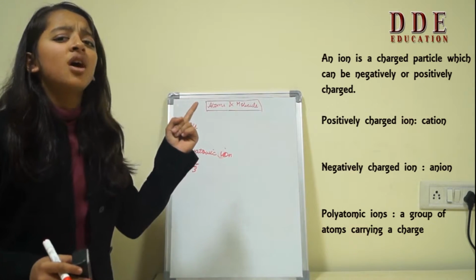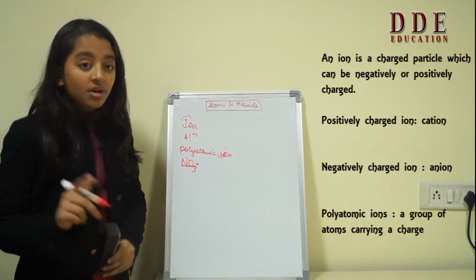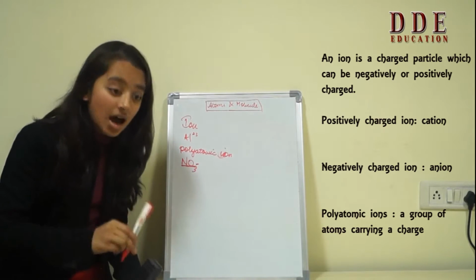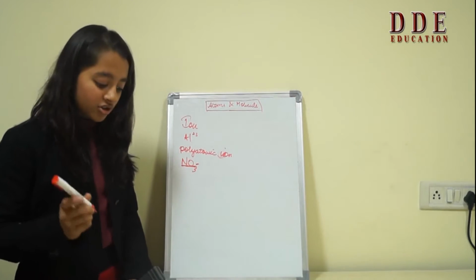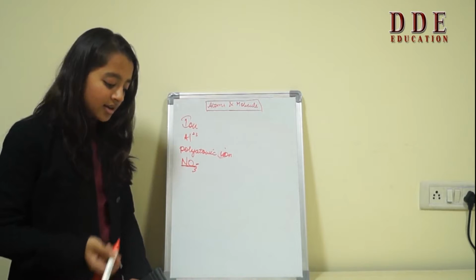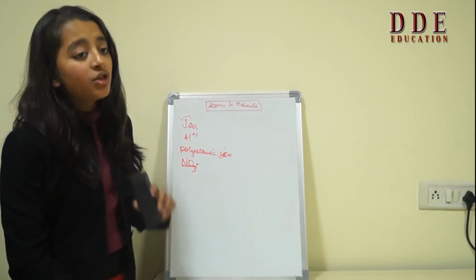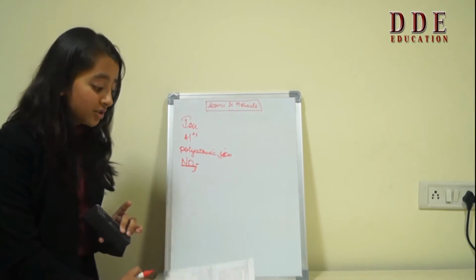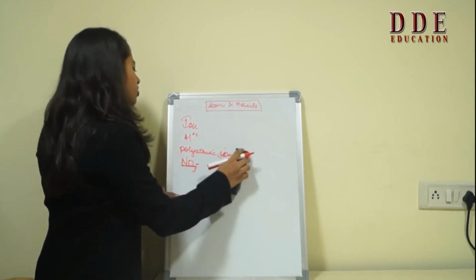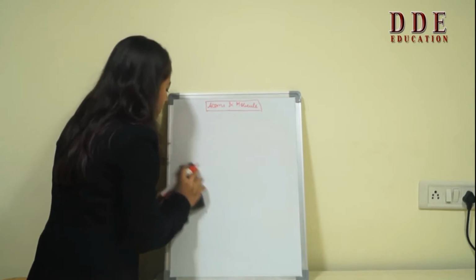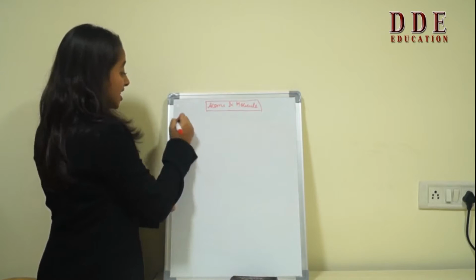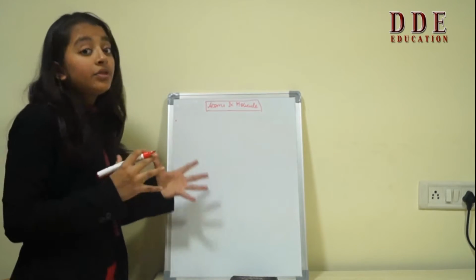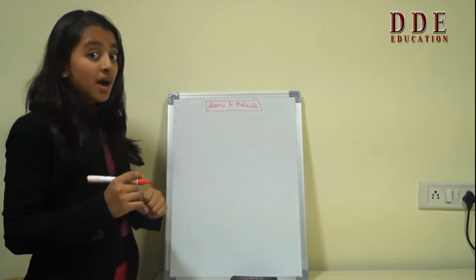Now let's go back to writing the chemical formula. But don't get confused: this ion topic is on page number 36, and the rules for writing the formula are on page number 38. So now let me tell you the rules. One rule is that the valency and the charge on the ions must balance.